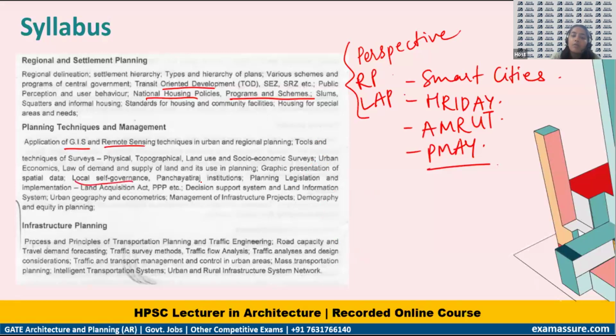Your local self government, 73rd 74th Constitutional Amendment Act. What is its importance? ये क्यों आया, क्यों बनाया गया था, इससे क्या फायदा हुआ? Land Acquisition Act, various models of development, your public private partnership, BOT, BOOT. Then infrastructure planning. Again, this is all your basic transportation.